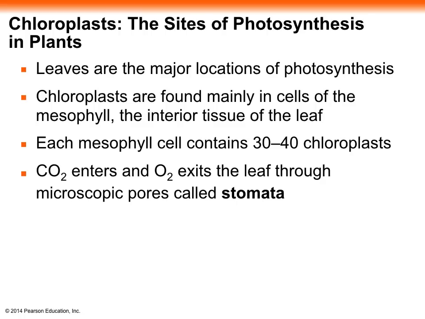Chloroplasts are found mainly in cells of the mesophyll, the interior tissue of the leaf. Each mesophyll cell contains 30 to 40 chloroplasts. And CO2 enters and O2 exits the leaf through microscopic pores called stomata.